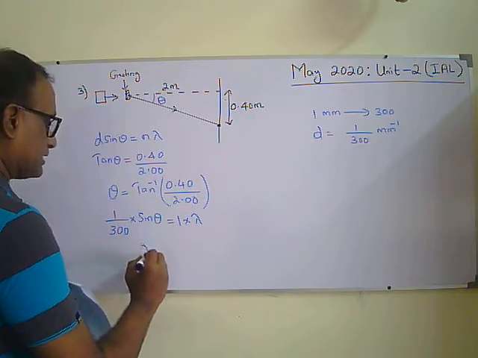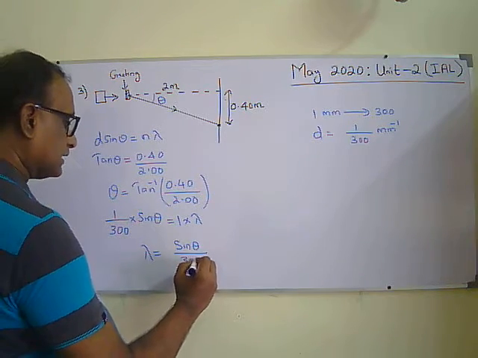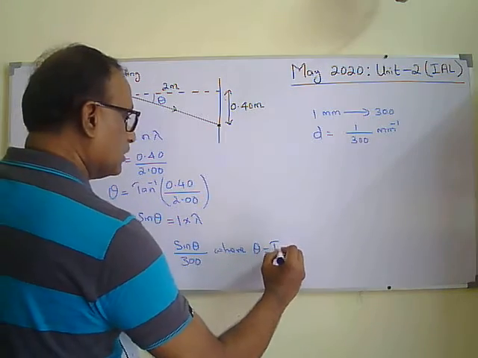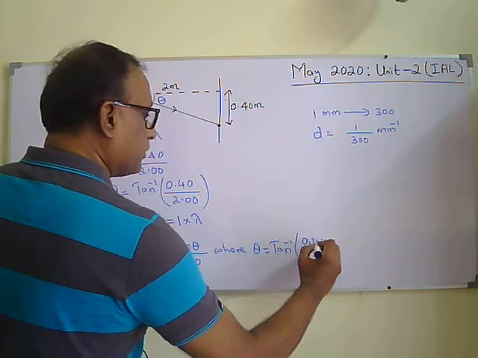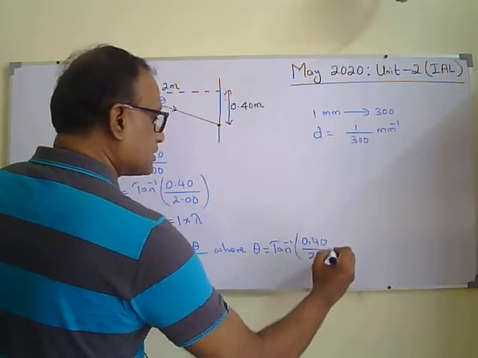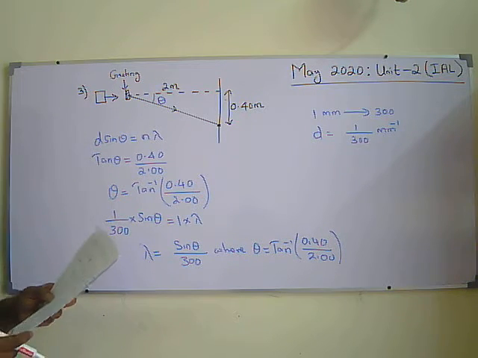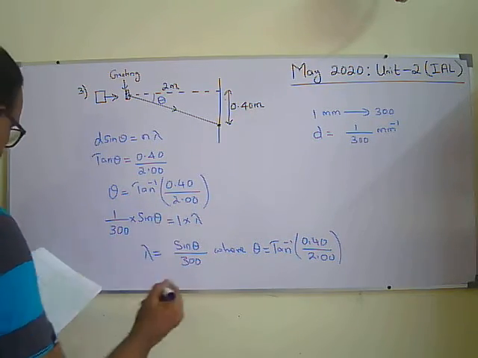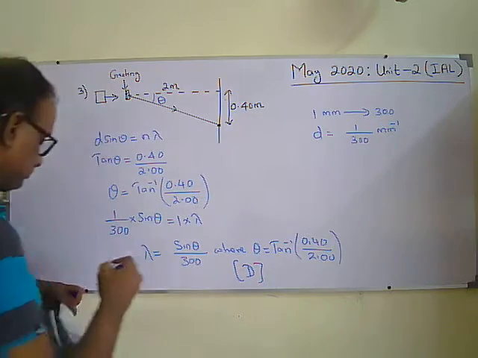So lambda is going to be sine theta over 300, where theta equals tan inverse of 0.40 over 2.00. This answer is given in the MCQ as answer D. So the question is about the wavelength. Answer D, question number 3: the correct answer is D.